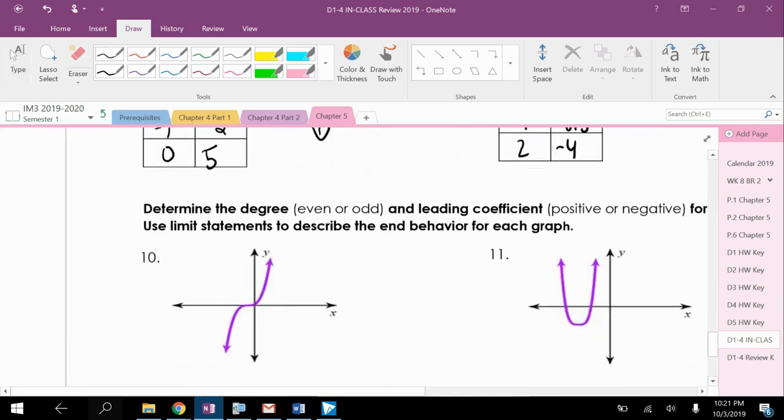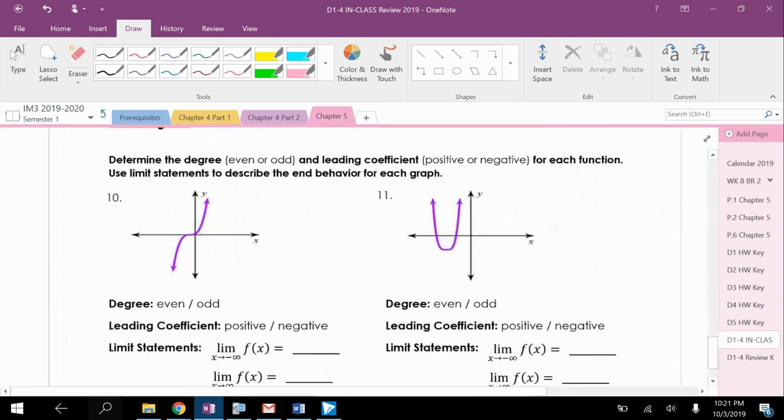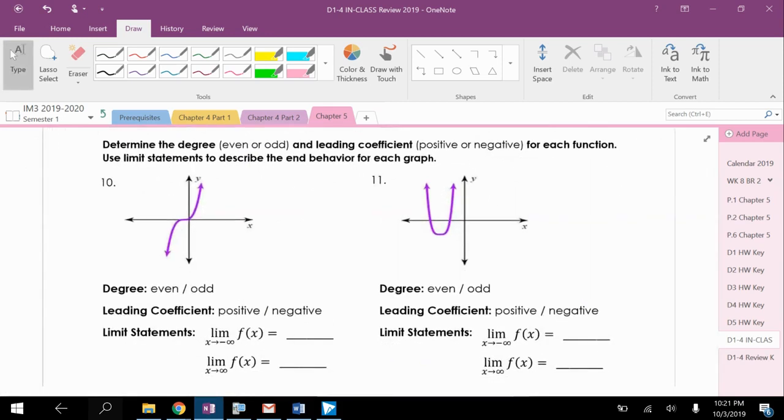Last part here. You guys got really good at this yesterday. Determine the degree, even or odd, leading coefficient, positive or negative, for each function. Then complete the end behavior statement. So remember, even is the same arrows and odd is opposite. So this guy has opposite arrows, so I know it's odd.